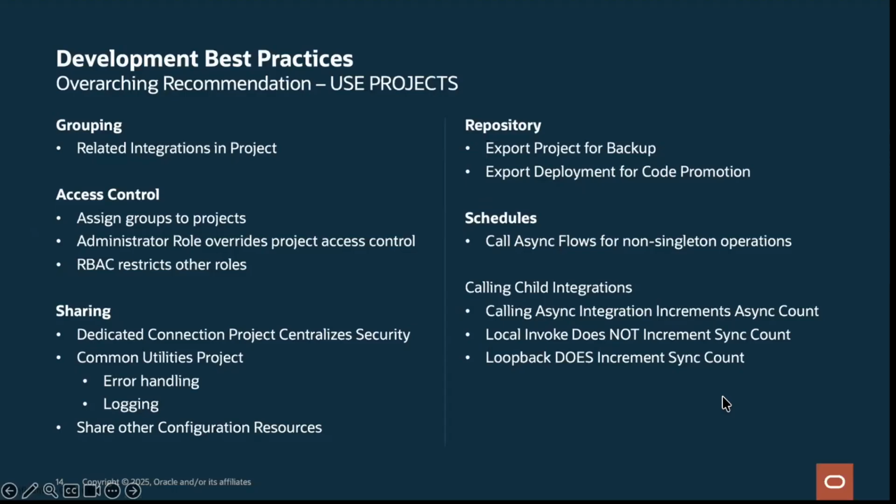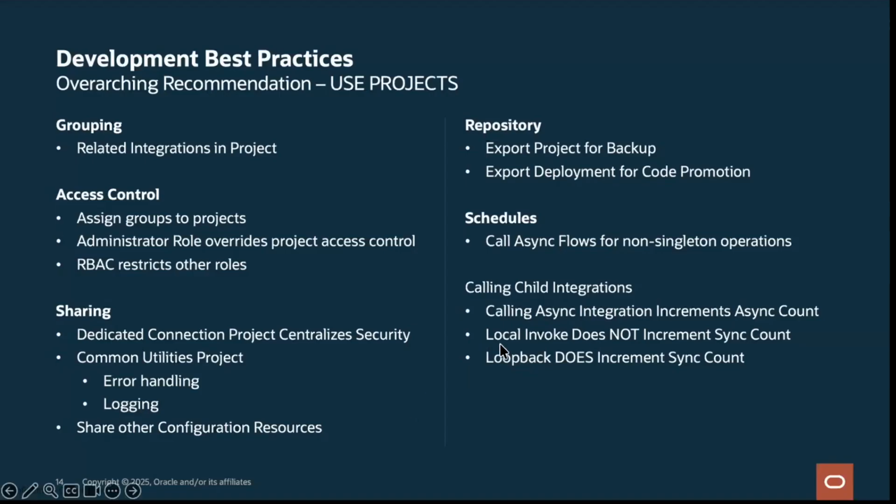Also, we get asked about concurrency limits. Within OIC, concurrency limits are based on the number of message packs you've subscribed to. If you subscribe to one message pack, you can have up to 100 concurrent integrations running synchronously, query response format, and 50 running asynchronously, so fire and forget.